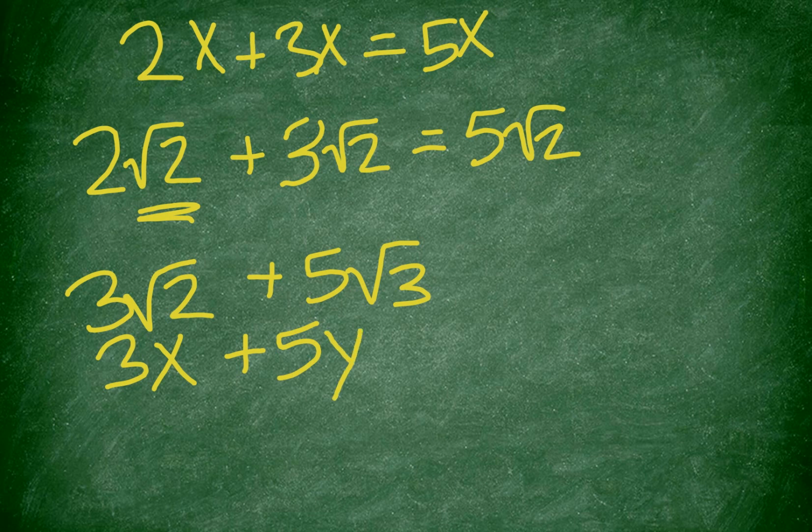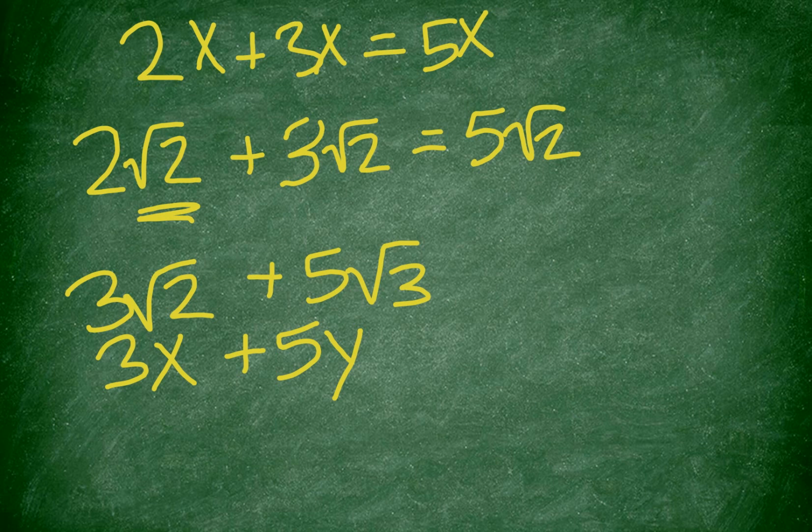Can you combine these two numbers? And the answer is no, because just like you can't combine an x with a y, you cannot combine two numbers that have different radicals. So they would both have to be square root of 2, or both of them have to be square root of 3 for you to be able to combine this and add it together.